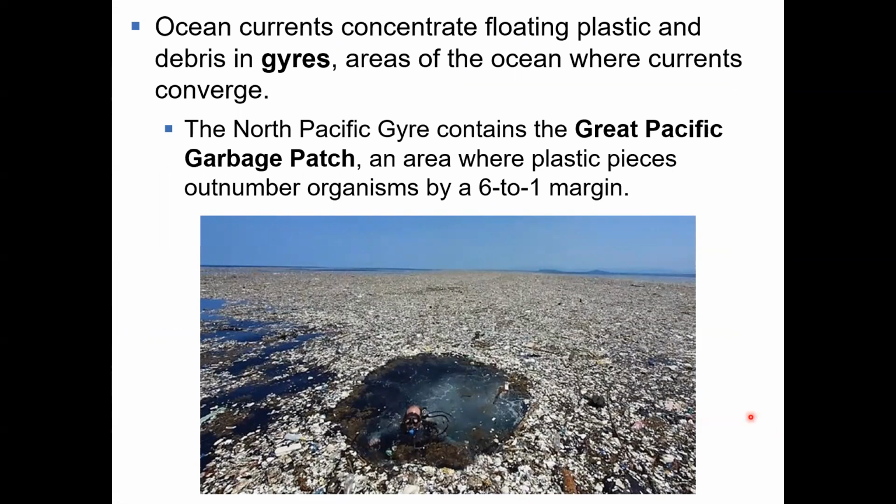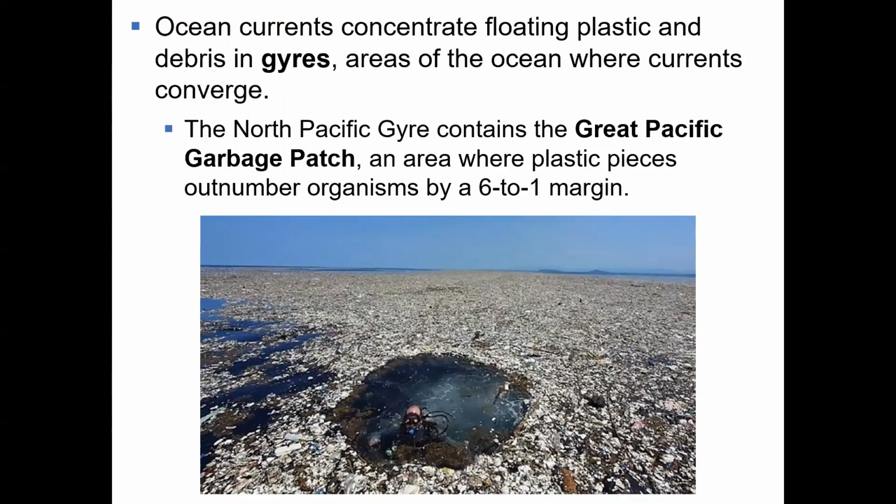And you might have seen images like this for the Pacific Ocean, where we have this huge, huge mass of floating plastic and debris. And this is what we call the Great Pacific Garbage Patch, or Trash Island, as some people call it. And this is a result of plastic in the oceans being carried by our ocean currents into what we call a gyre.